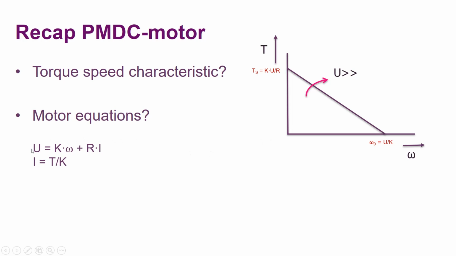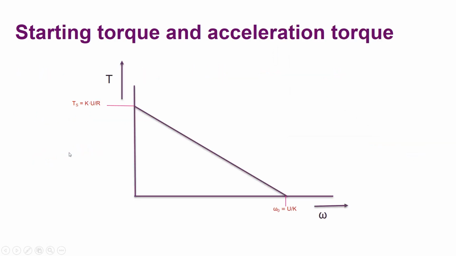The static motor voltage equation, U is K times omega plus R times I, so the back EMF, K times omega, plus R times I. And we have the relationship between motor current and motor torque, I equals T over K. So we can substitute the I, and then we have the relationship between the motor torque and the motor speed.